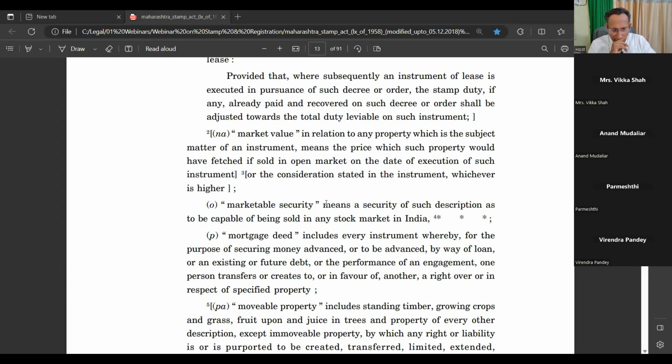You will have a survey number, and what is the rate over there? The rate for immovable property, the rate for constructed property, the rates are given over there.